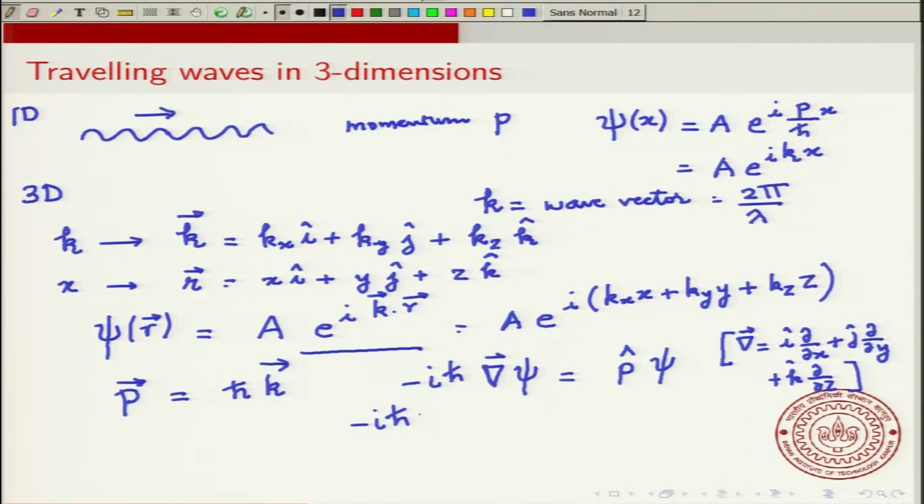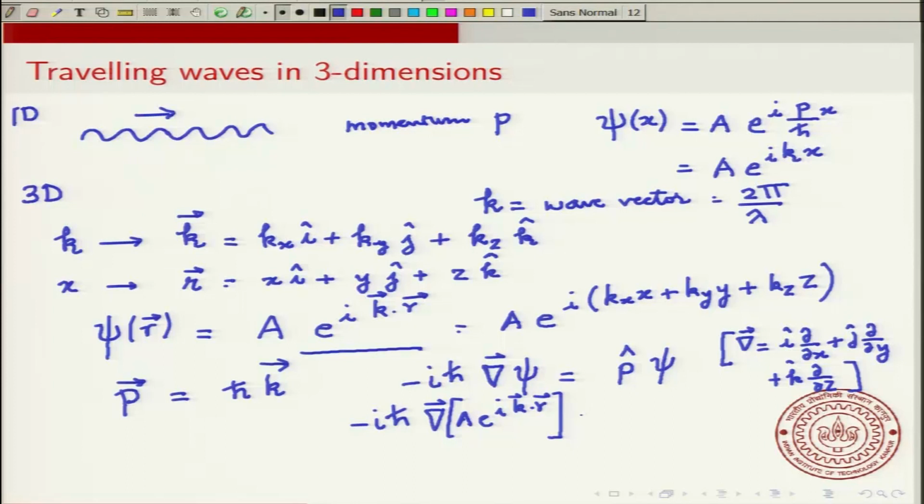So if you take this gradient and operate it on psi of r, that is, the gradient of A e to the i k dot r, you can show it again, it is fairly elementary, but I will not do it in detail.